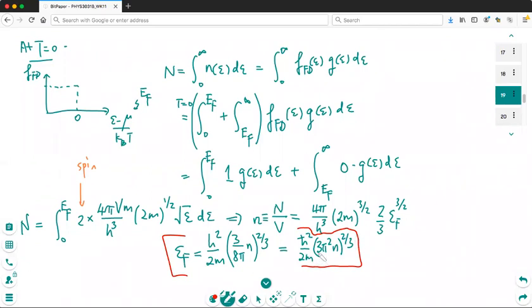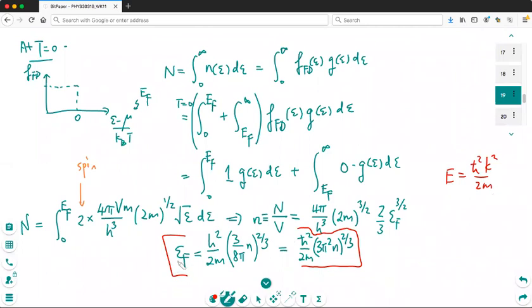Here you realize we only worry about the kinetic energy. When we solve this particle in the box problem, we only have the kinetic energy, and the kinetic energy is h bar squared k squared divided by 2m.